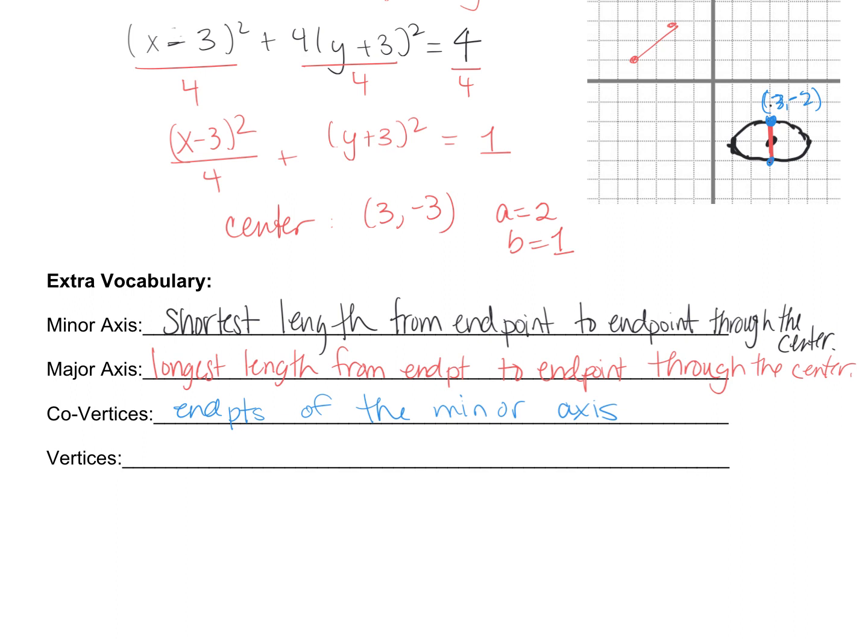All right, the vertices of the whole thing are the endpoints of the major axis. So our vertices for this one would be this one and this one.